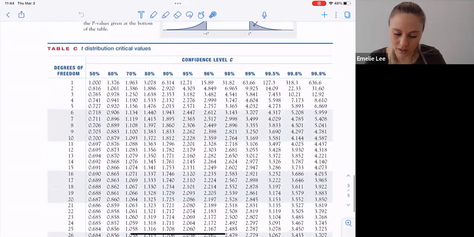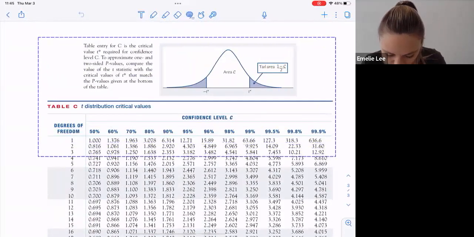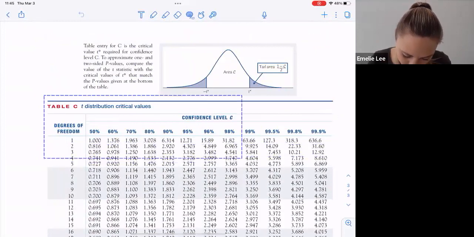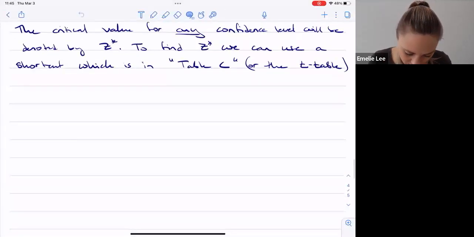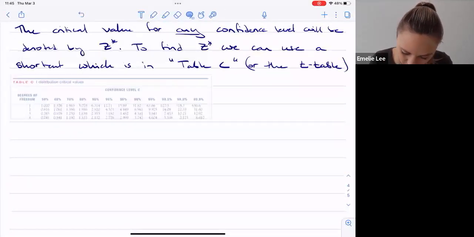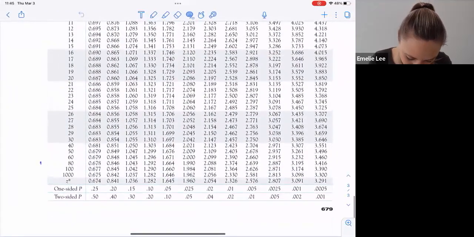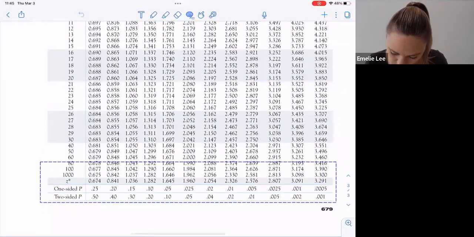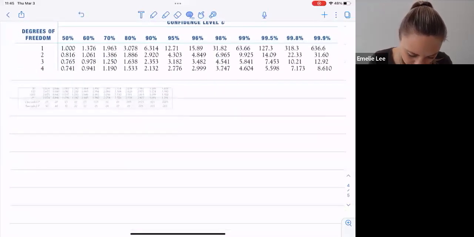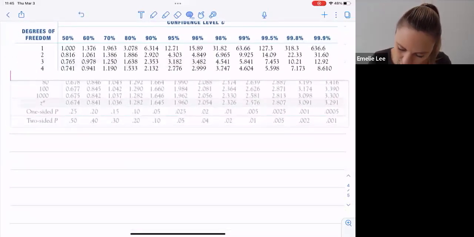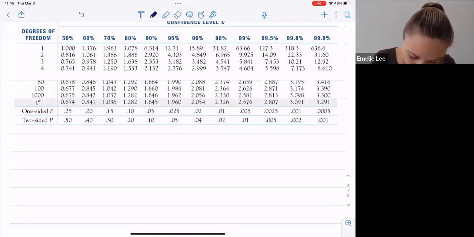And so what I'm going to do is copy this into our notes. Maybe I don't even need the top part for now. Okay.